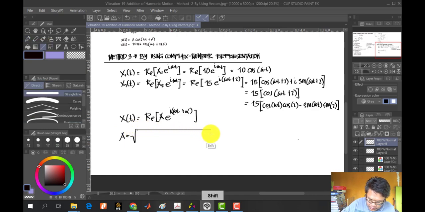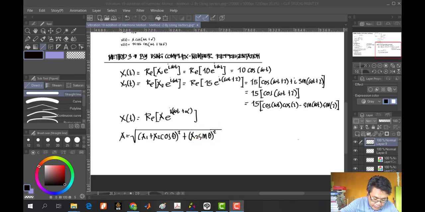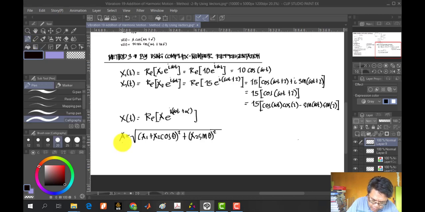It is the same equation we have been using previously: a sub 1 plus a sub 2 cosine of theta, squared, plus a sub 2 sine of theta, squared. Where a sub 1 is 10, a sub 2 is 15, and theta is equal to 2.